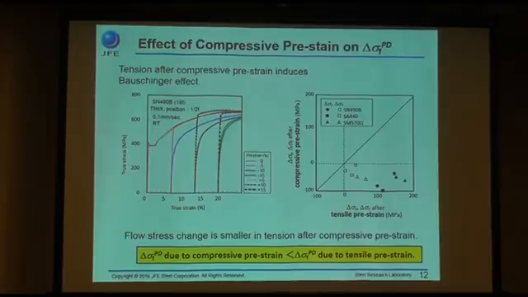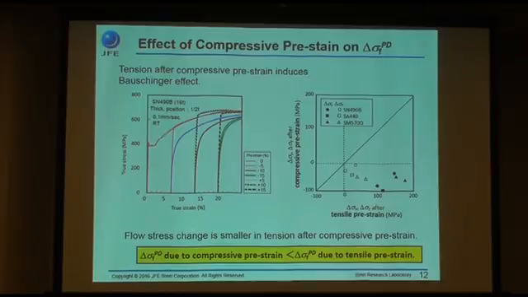However, we have another problem: tension after compressive prestrain usually induces the Bauschinger effect. This is one of the experimental stress-strain curves. This round stress-strain curve coincides with the tension after compressive prestraining, and this stress-strain curve with the clear elbow point coincides with the tension after tensile prestraining.